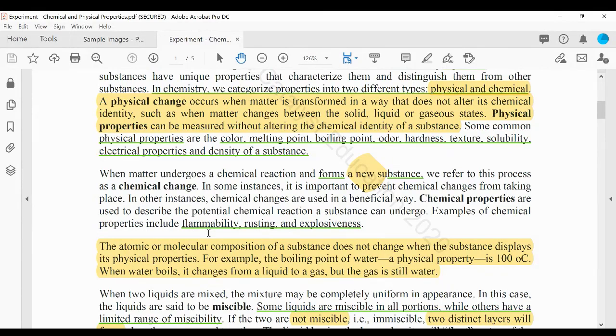There is a chemical reaction with oxygen to produce a new chemical, a new substance, and that is a chemical change. So we will go over some practice during this workshop to make sure we all understand what is a chemical change and what is a physical change.